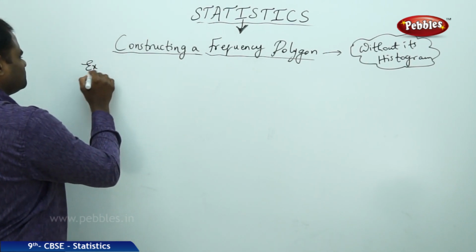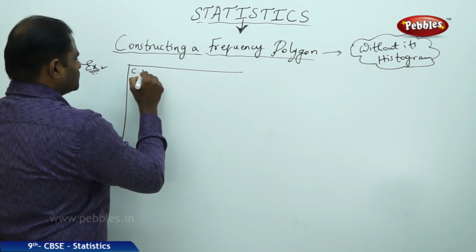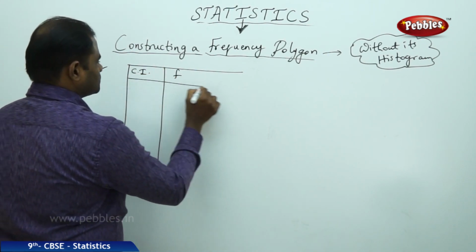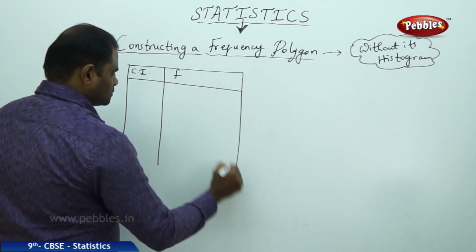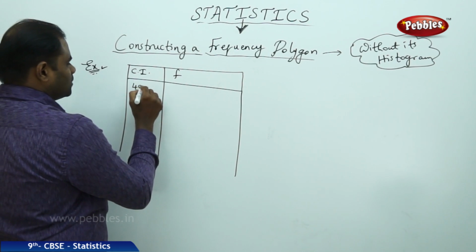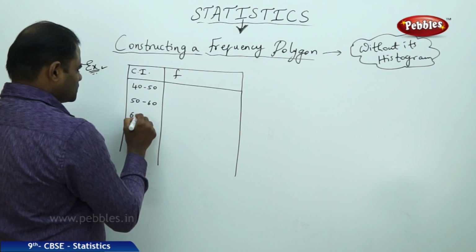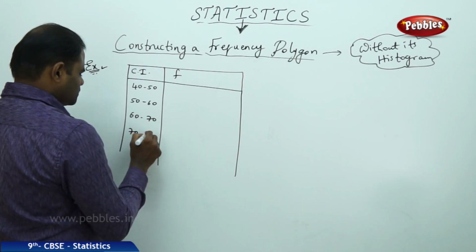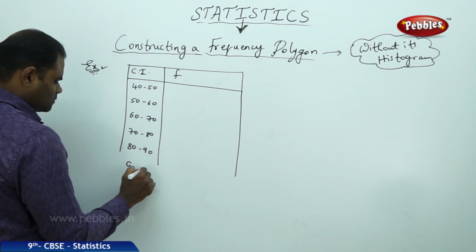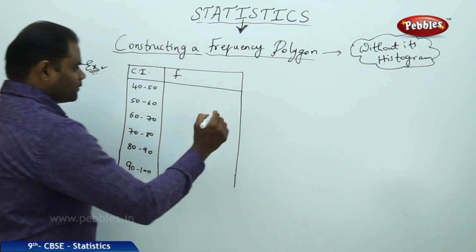For example, I have the data with class interval and frequency. Say my class intervals are the marks ranges 40 to 50, 50 to 60, 60 to 70, 70 to 80, and 90 to 100.